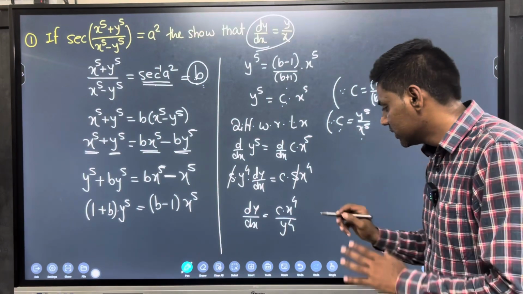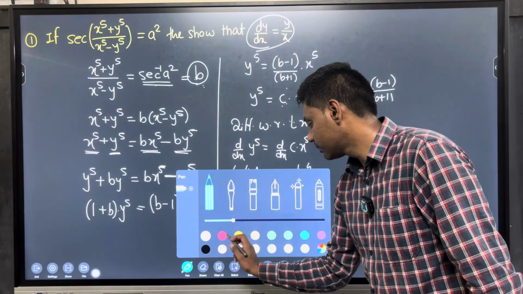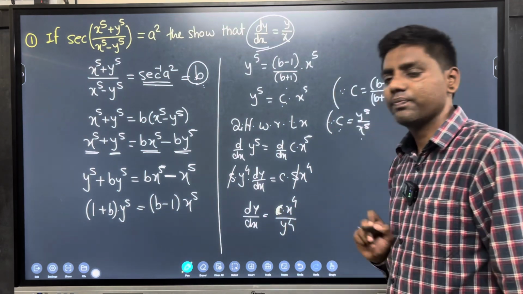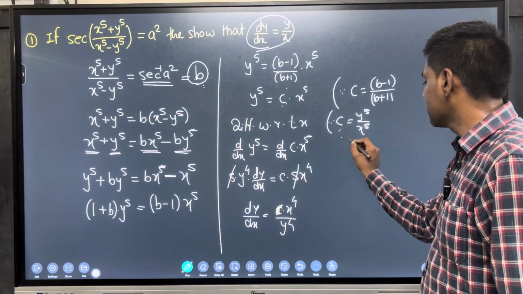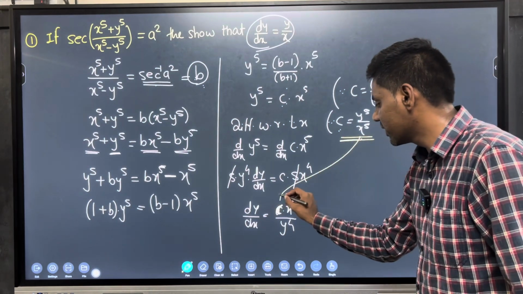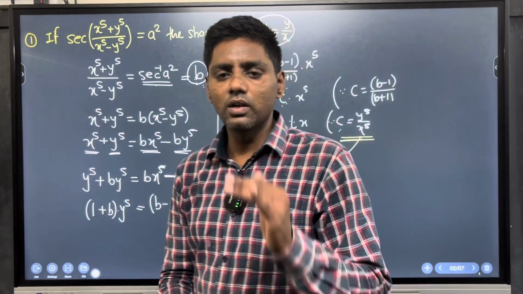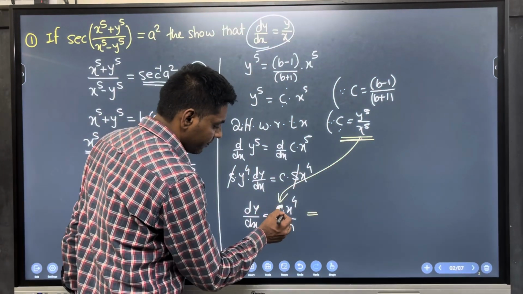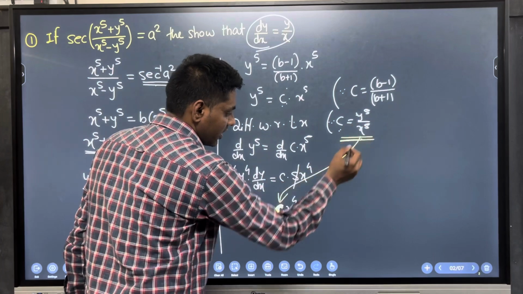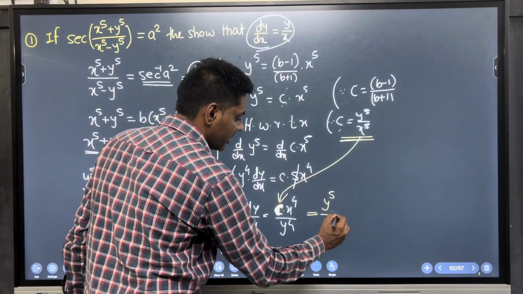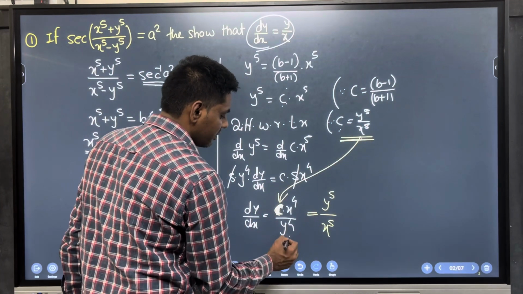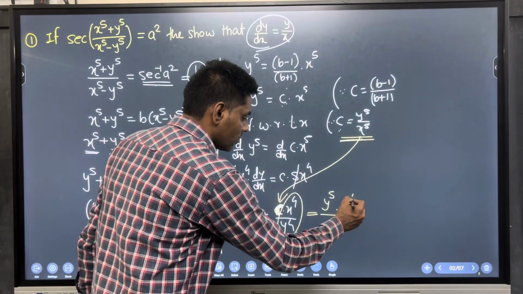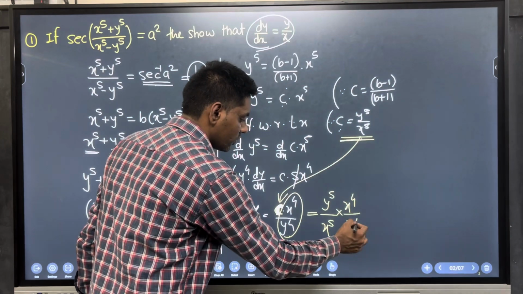So in the last step, just replace the constant c using this, and substitute the answer here to get the complete answer in terms of the function. So the value of c is replaced by y raised to 5 divided by x raised to 5, and this function remains as it is, x raised to 4 divided by y raised to 4.